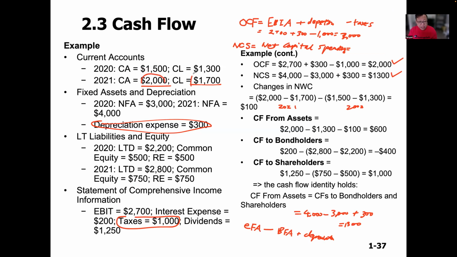So the net working capital is 2,000 minus 1,700. That is the 2021 ending. The beginning is 1,500 minus current liability 1,300. So the difference is 1,500 minus 1,300. That is the net working capital for 2020. Now let's take the difference. We realize that the change in net working capital is only 100.